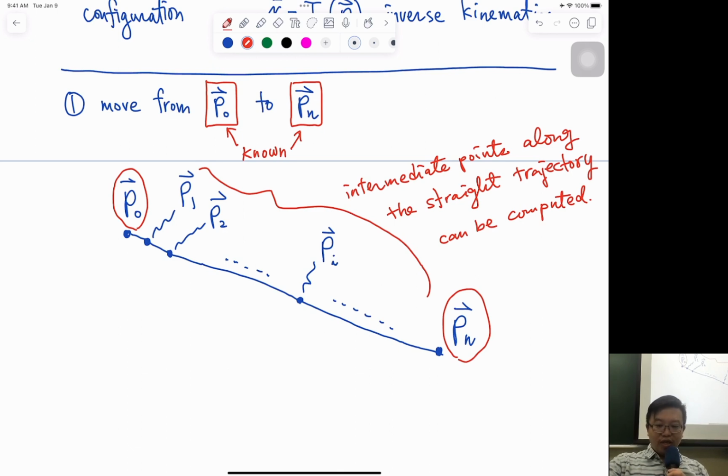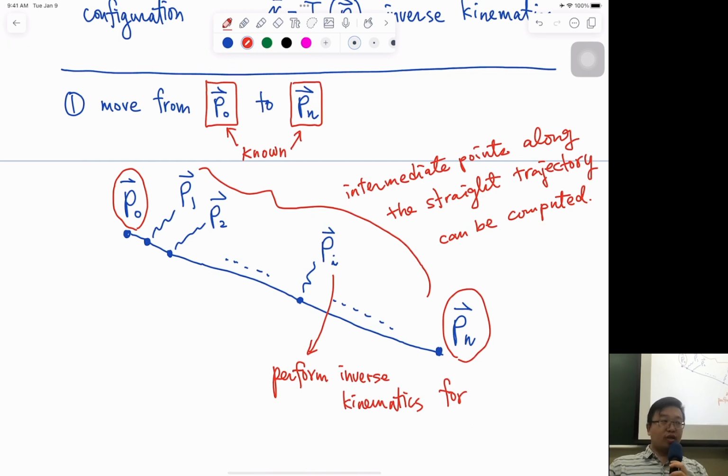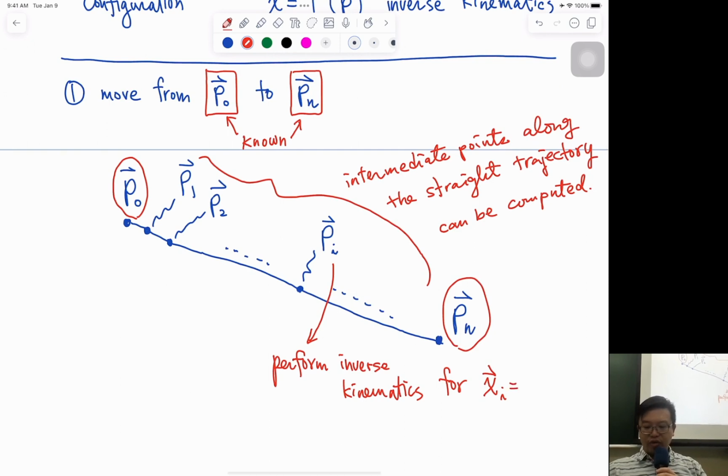You basically perform inverse kinematics for the configuration at that particular coordinate. So you are computing the configuration for the ith point. And how do you do that? You basically use the inverse transformation.